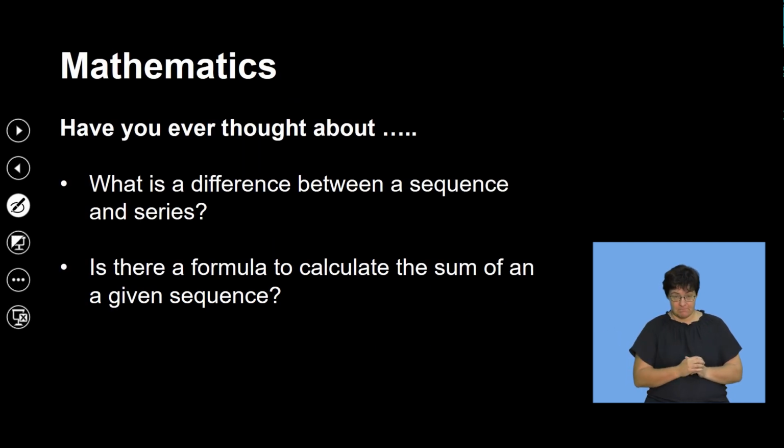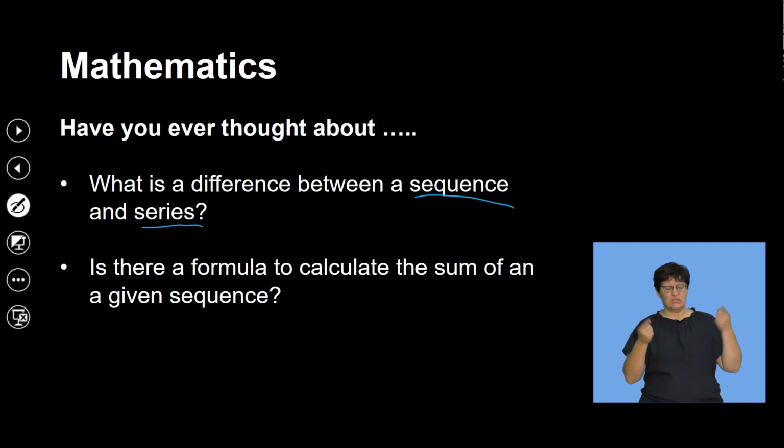But before that, do you know the difference between a sequence and a series? Because if you do not understand this difference, I promise you, it's going to be a problem to understand what you need to do. This is the leading question for this session. Also, is there a formula that you can use to calculate the sum of a given sequence?